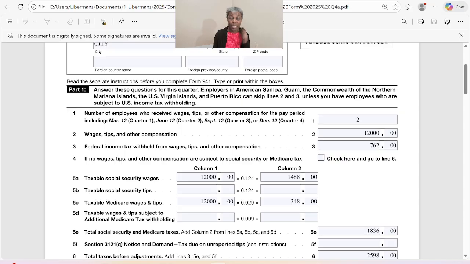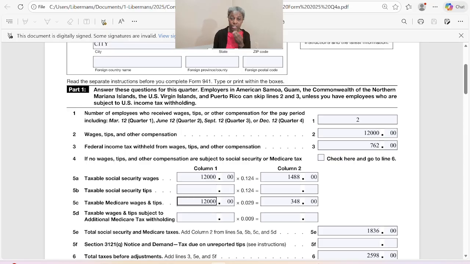If no wages were subject to Social Security and Medicare, you check that box and go to part 6. In this case, we have taxable Social Security wages. Therefore, this 12,000 we are going to assume is the same amount subject to Social Security and Medicare. For that reason, we put it on line 5a, and on 5c for Medicare wages.